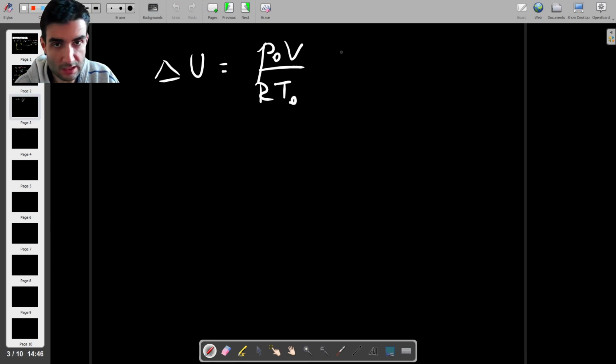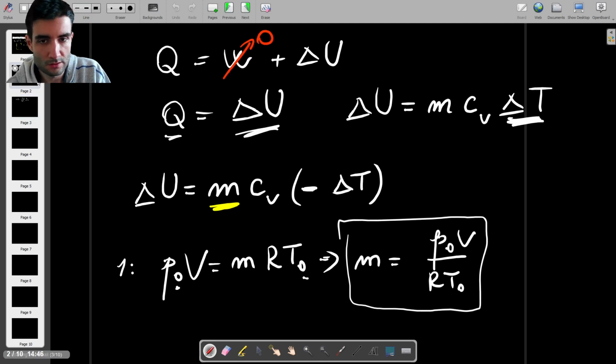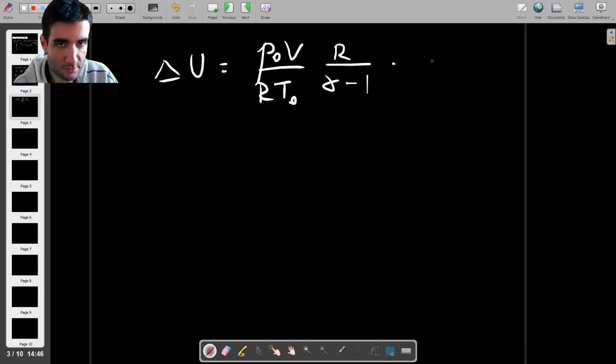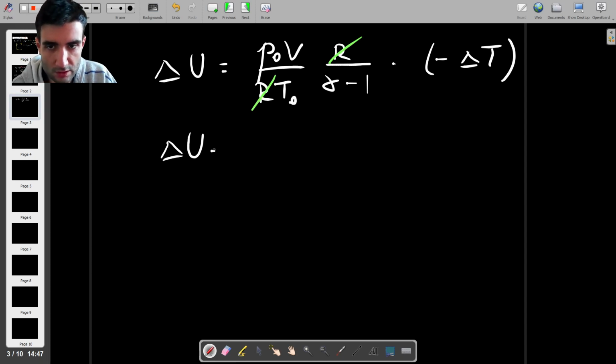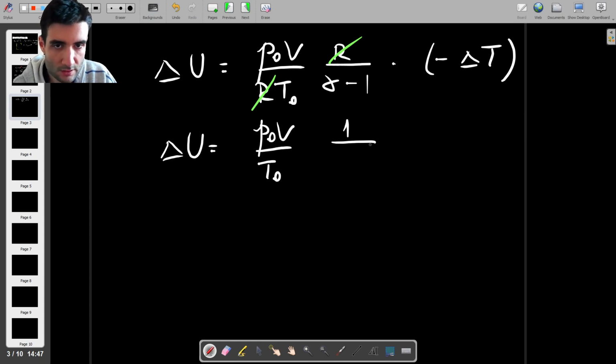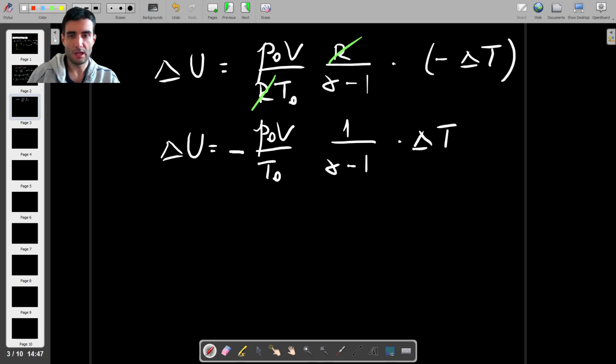Now CV is R over gamma minus 1. That's the definition of CV, and then it's multiplied by minus the change in temperature. So the R's cancel out, which is nice. And then we have delta U equals P naught V over T naught, times 1 over gamma minus 1, and we can put a minus in front, times delta T. And at this point, we actually know everything.